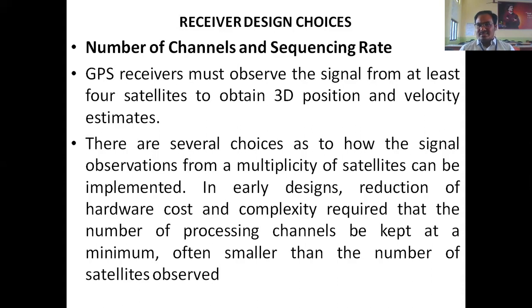In the early designs, reduction of the hardware cost was taken and complexity was required. For that purpose, the scientists used single channel receivers. Of course, there are different types of receivers: single channel, 2 to 5 channels, and multi-channel receivers. We'll see all of them.